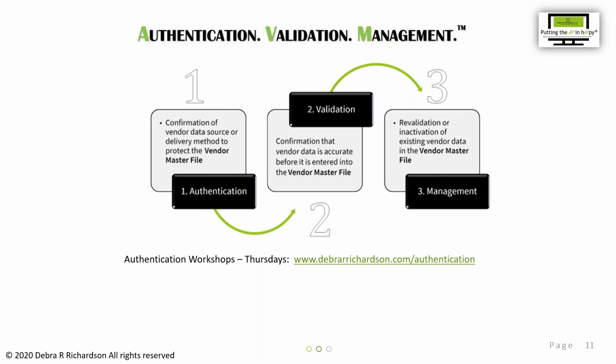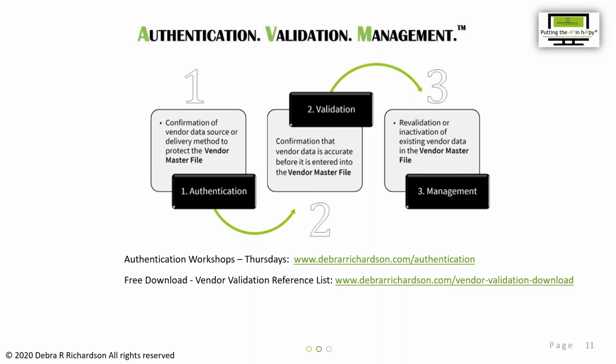Now, step 2 is validation, where you validate vendor data before it is entered into your ERP. And to help with this, I do have a free download, which I have a link here. You can go right over to my site and download it.